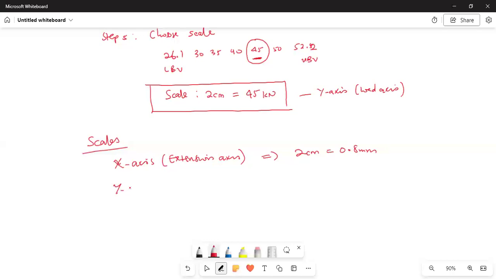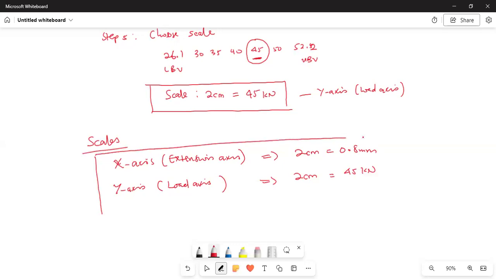And then with the y axis, which is actually the load axis, we are having 2 centimeters is equal to 45 kilonewton. And all that I want to see is this. This is all that we were looking for as the first.